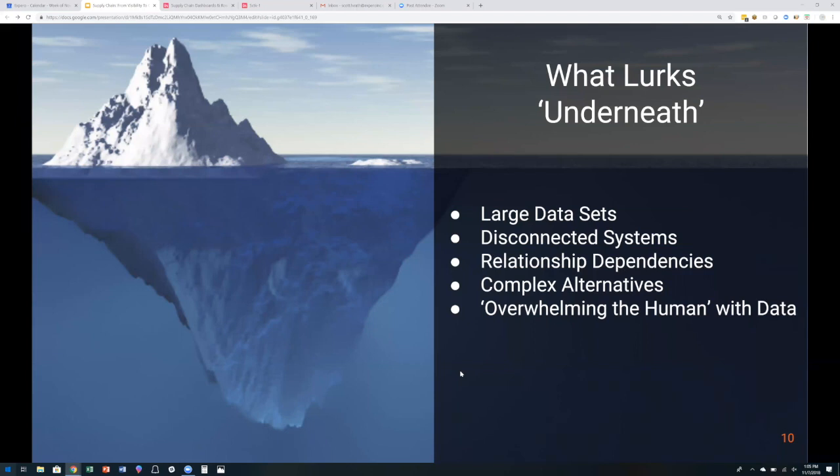And specifically then that brings us to what's below. What are those elements now that makes our life hard? And it's this consistently large sets of data, this concentration of data in multiple different disconnected systems, this capability now to understand that bills of materials have dependencies.